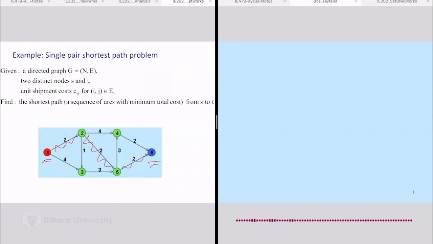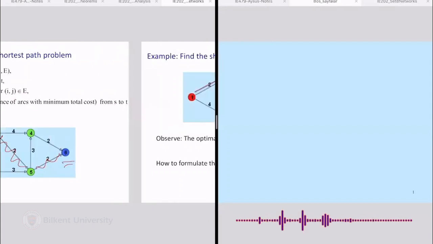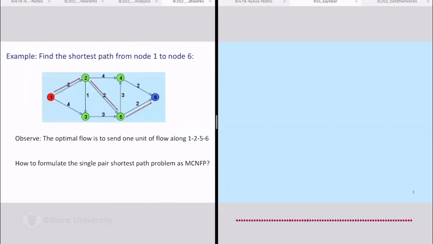The total cost is 6, and the shortest path from S to T is S to 5 to T. Now, how can we formulate this as an MCNFP and give it to our solvers and get an optimum solution easily?